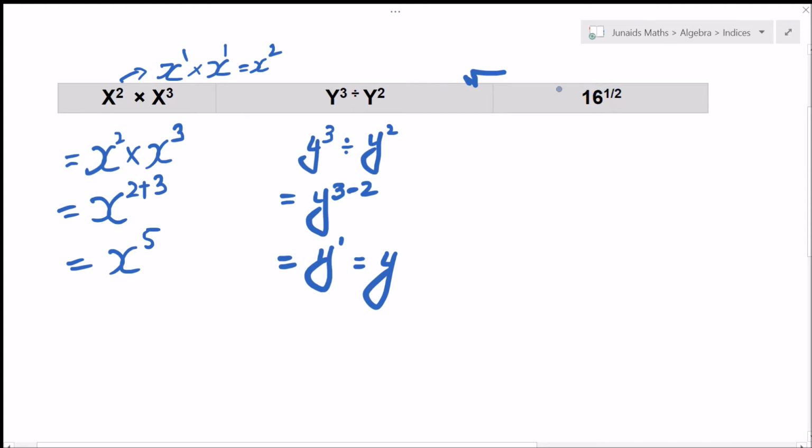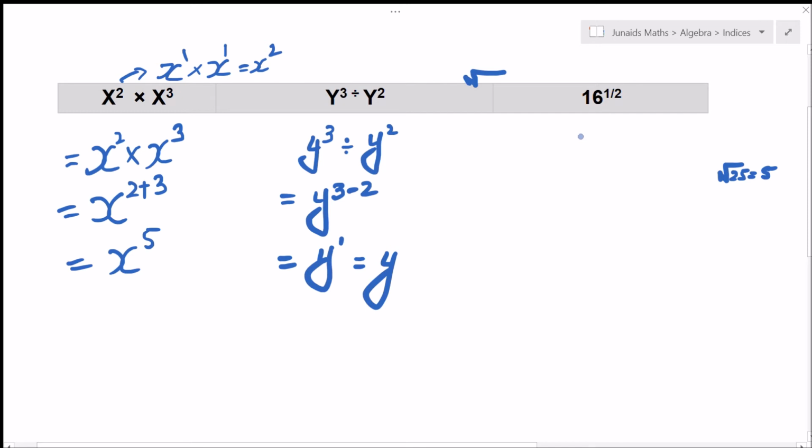So for example, if you process a number under the square root, for example square root of 25, you know that the answer is 5. What actually happens underneath this hood or the square root is this power here.